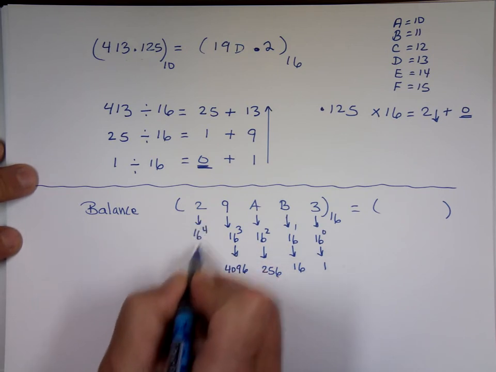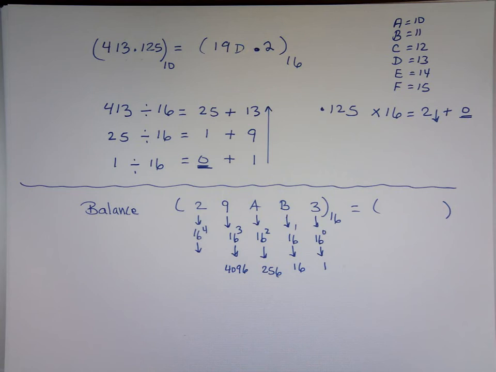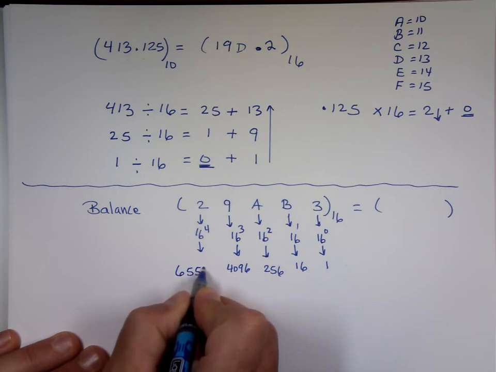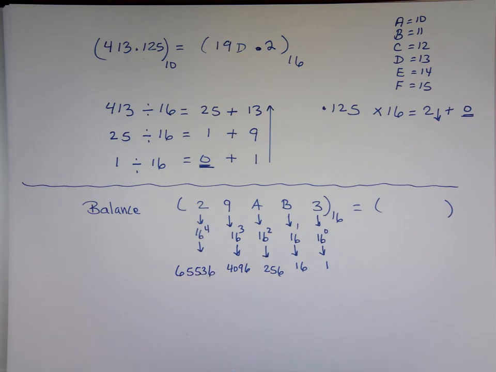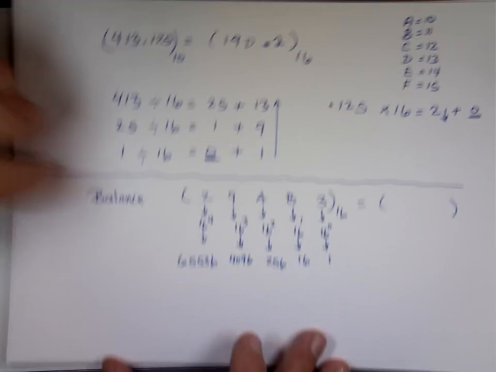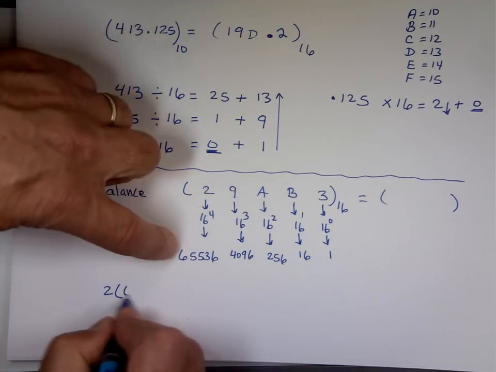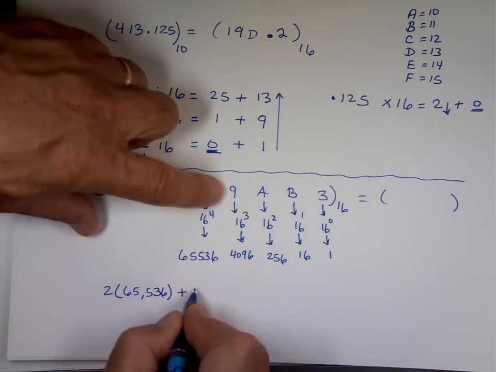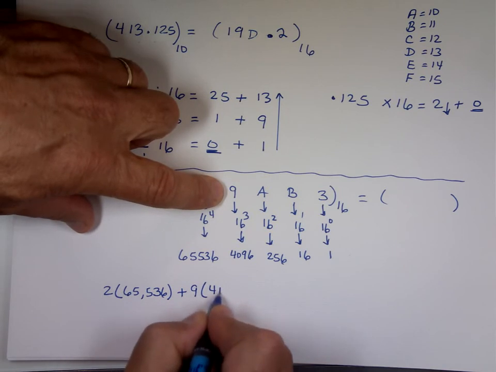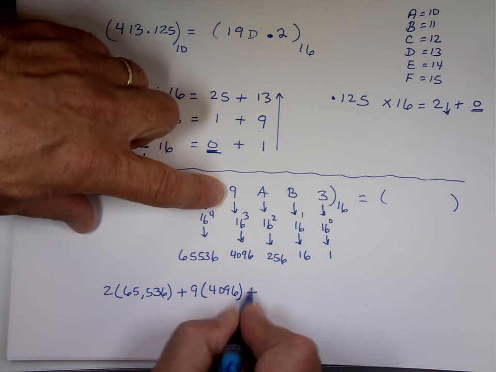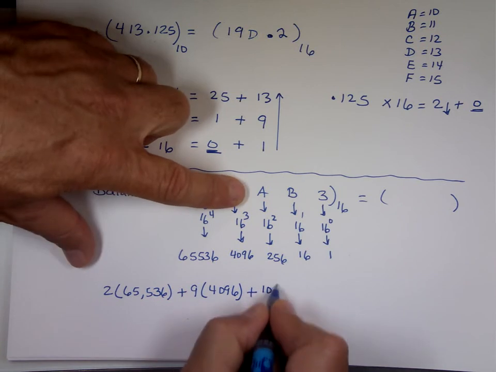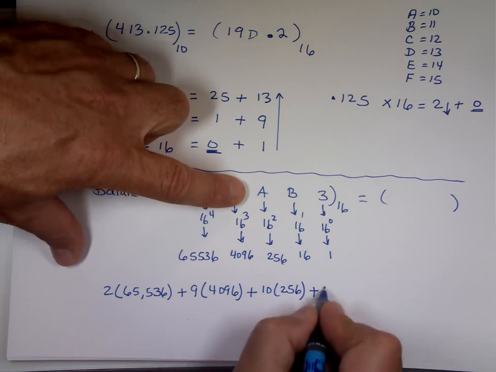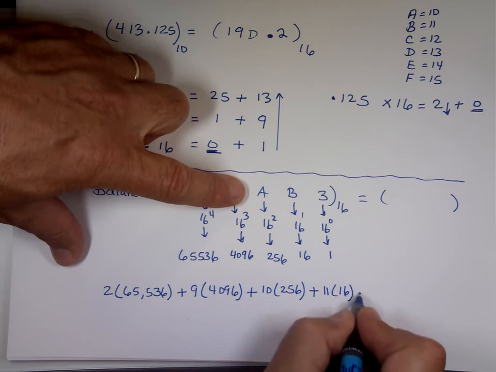Can I have this guy's bank account? Yeah. 65536. So here's my balance. 2 times 65,536 plus 9 times 4096. A is what? 10? 10 times 256. B is what? 11 times the 16 plus 3 times 1.